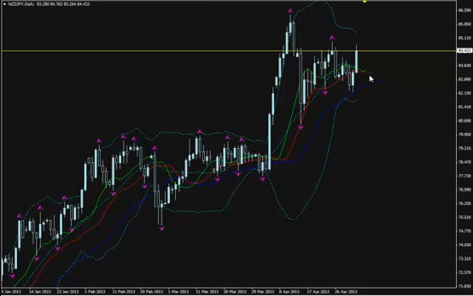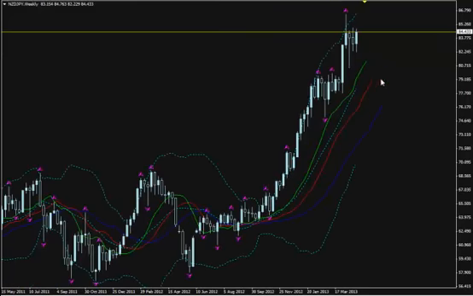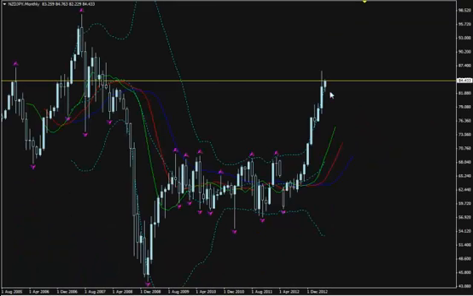and of course if we see that the main trend on the weekly chart is upwards, and the same on the monthly chart.